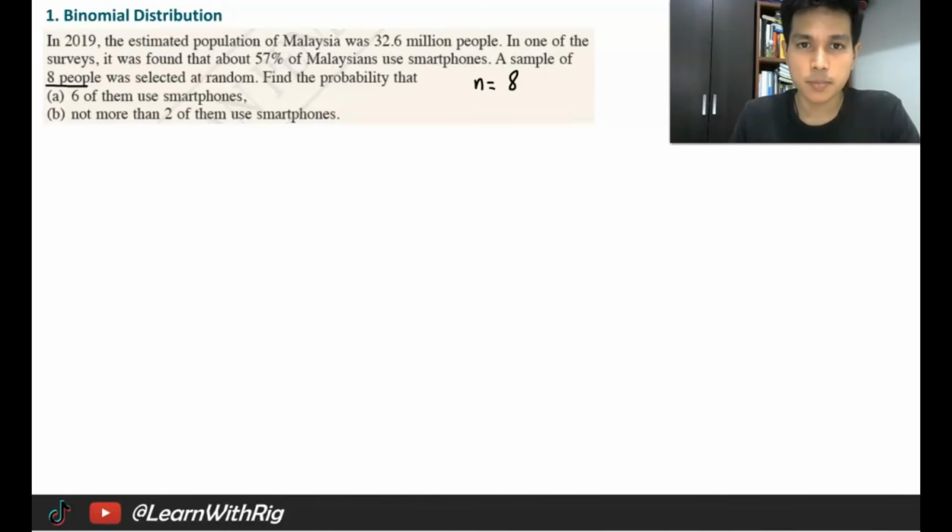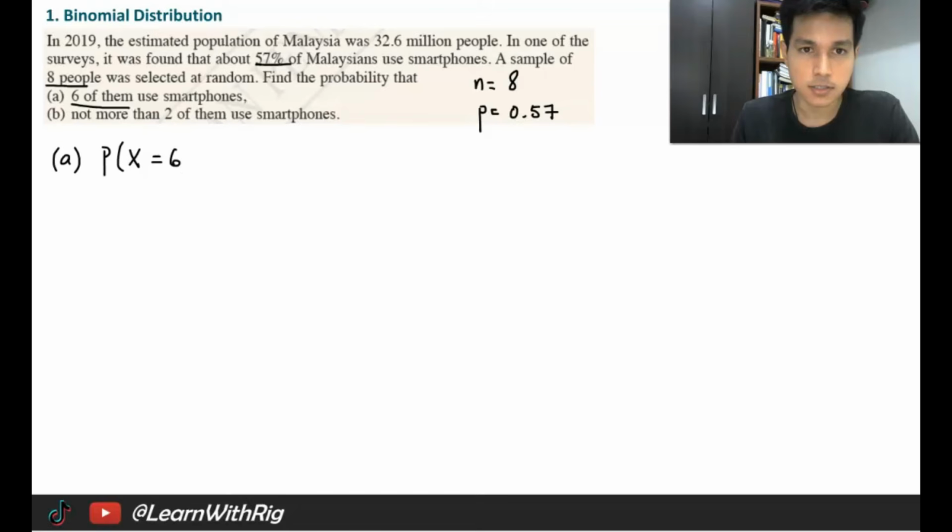And the probability is what? See the question, find the probability that 6 of them use smartphones. So this is the probability of success. 57% use smartphones, so p is 0.57. For question A, you're finding the probability that 6 of them, so your r value is 6.